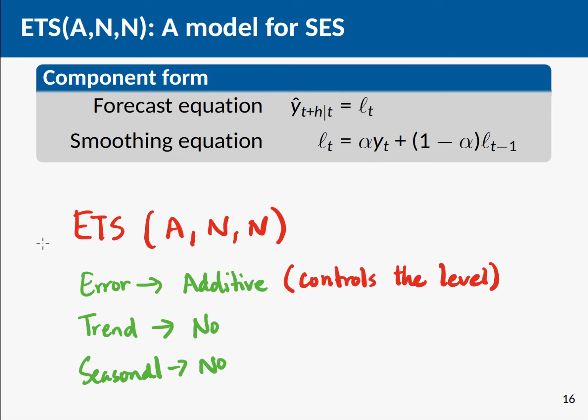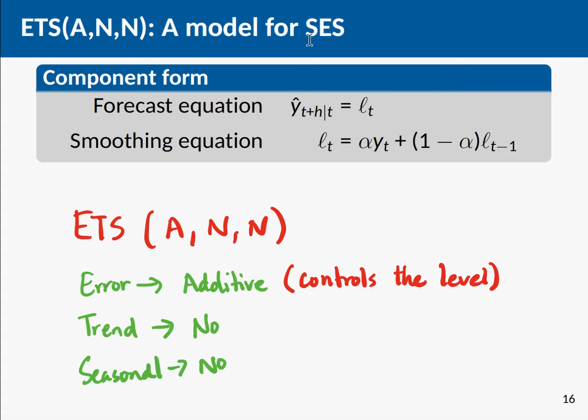Okay, now when we move to R, we are going to be looking at different applications, but the main function that we're going to be using is called ETS, corresponding to error, trend, and seasonal components. And these have a big range. So your error could be additive or multiplicative. You could have a trend, you could not have a trend, or you could have various other options, similarly for the seasonal component.